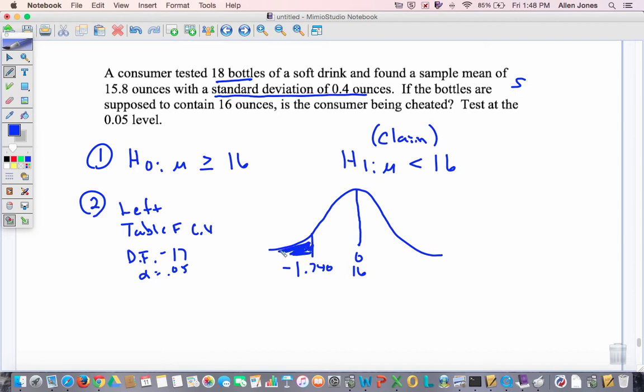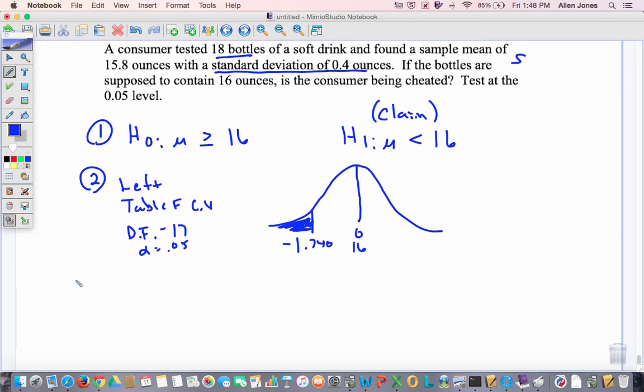So we shade the left-tail part of that, and then move on to calculating our test score in step number 3. So in step number 3, our test score is our sample mean, which is 15.8, minus our population mean, which is 16, over our sample standard deviation, which is 0.4, over the square root of our sample size, which is 18.